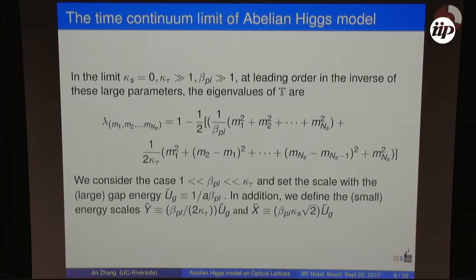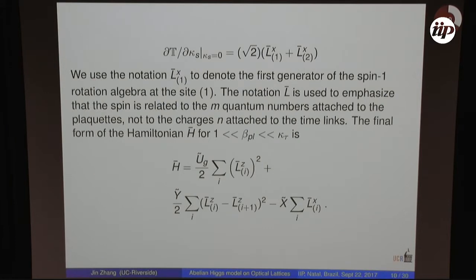Here the m's are the L_z, the z component of the angular momentum, and here we have L_x. So it's a spin chain with a transverse field, something like that.